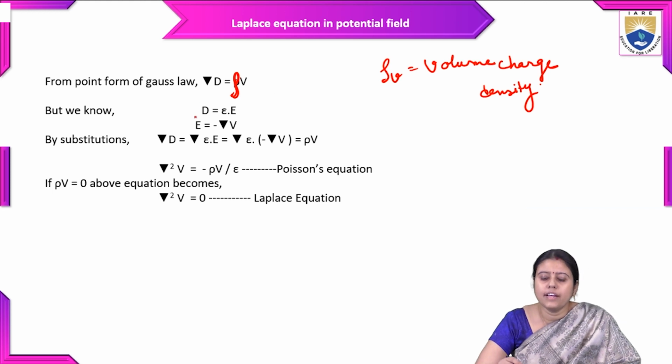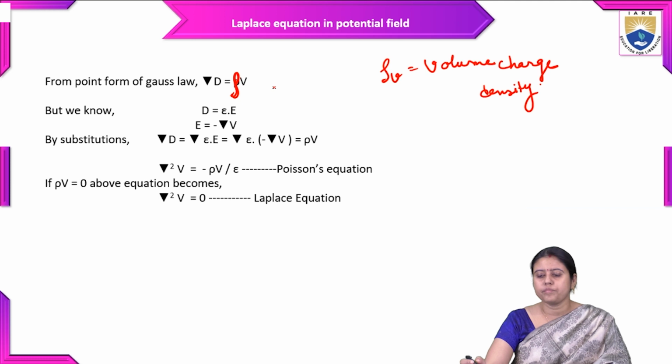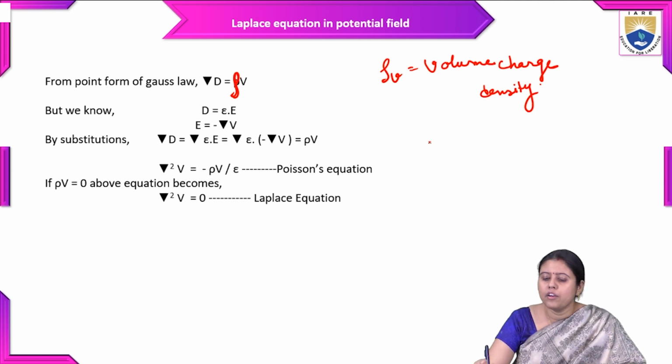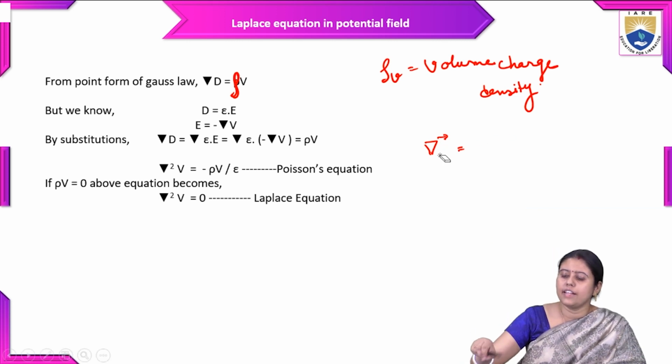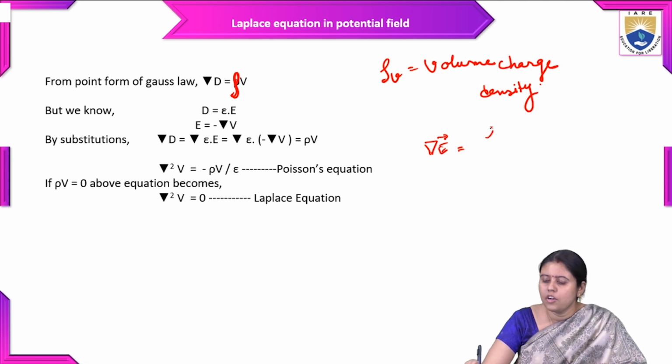We know that D is equal to epsilon into E. So grad dot D gives grad dot E is nothing but rho v by epsilon.